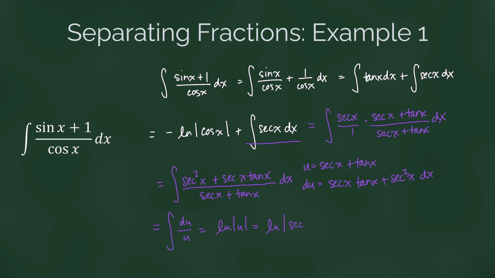That gives us the natural log of the absolute value of u, which we know is the natural log of the absolute value of secant of x plus tangent of x. We'll add on our constant. Putting it all together, our final antiderivative for the original function is the negative natural log of the absolute value of cosine of x plus the natural log of the absolute value of secant x plus tangent of x plus a constant.